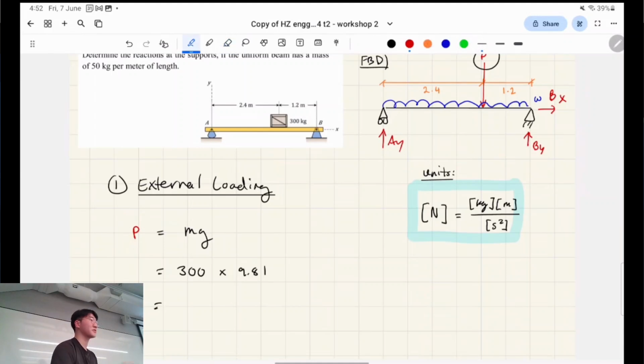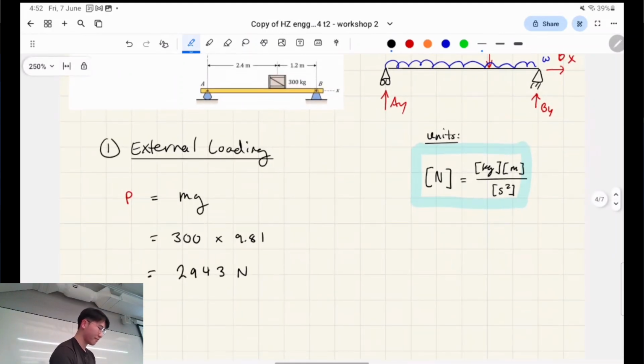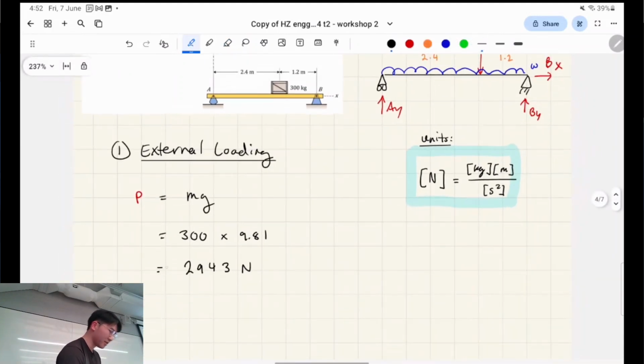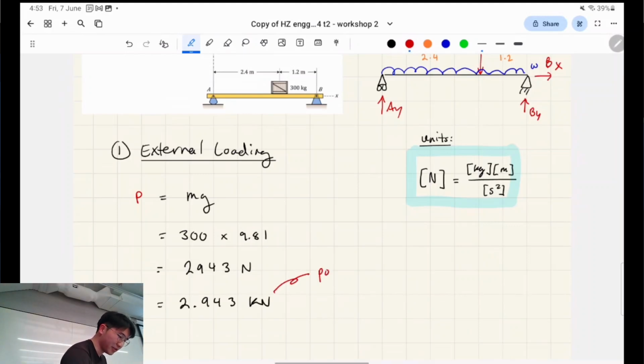I'm just referring to it by its magnitude. Punch that in the calculator, that gives that number. I like to keep it in kilonewtons and meters, so I'm going to convert that into kilonewtons. So we divide by 1,000, and that gives us our point load.